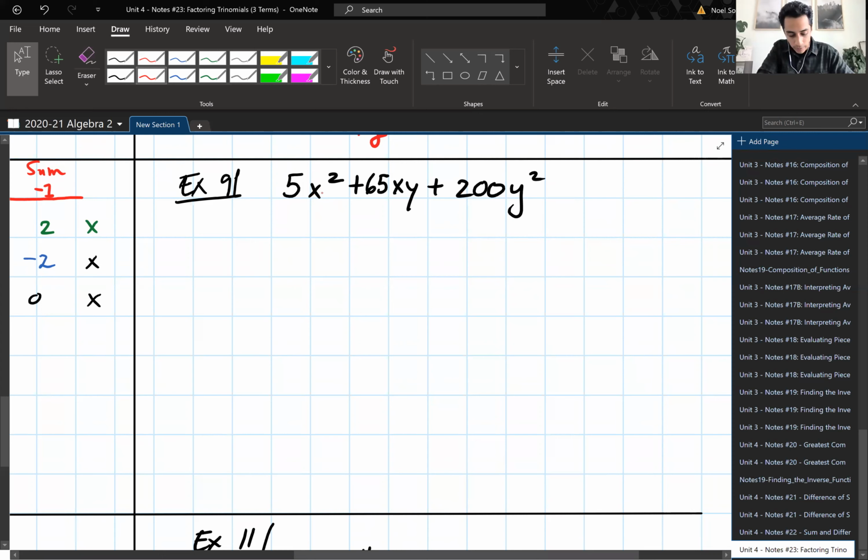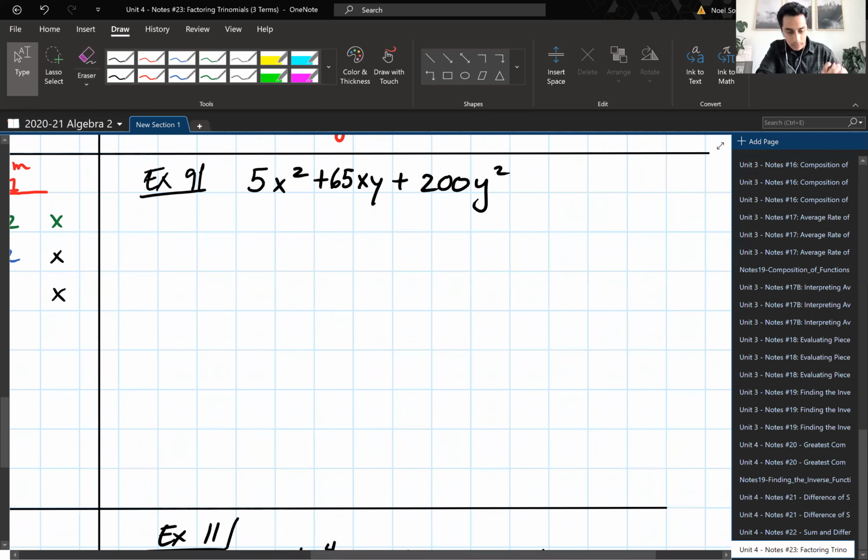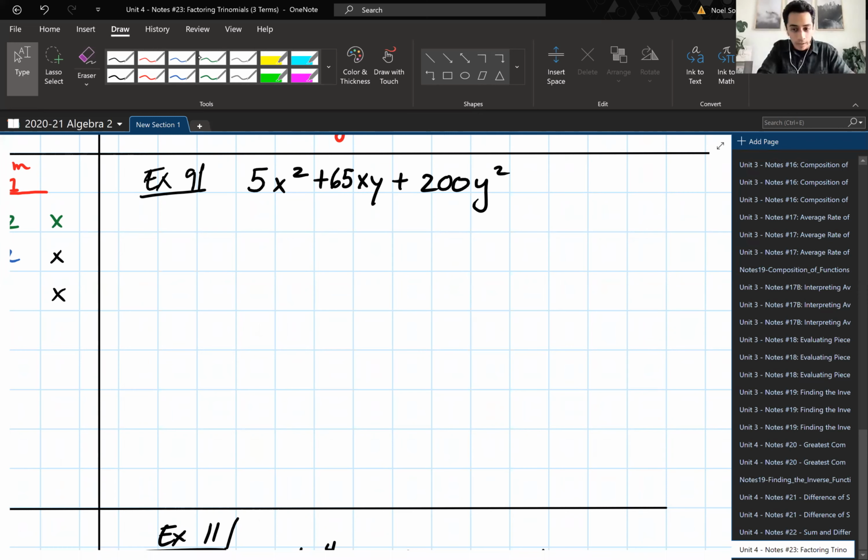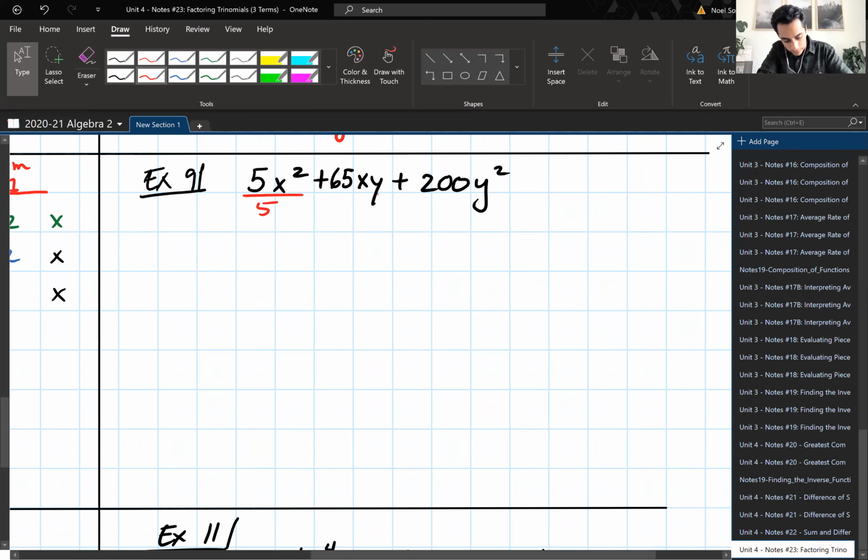The first term has x, the second term has x, but the last one does not. So x is not a common term. The middle term and the last term both have y, but the first one doesn't. Always look carefully at what they do have, what they don't have. So it seems like the only common factor that they have is 5. So we're going to factor out a 5 to start.